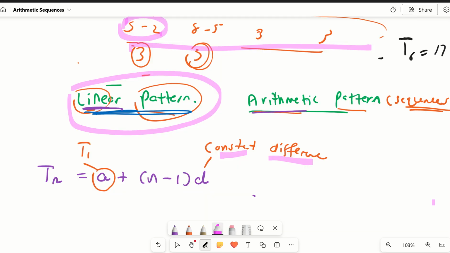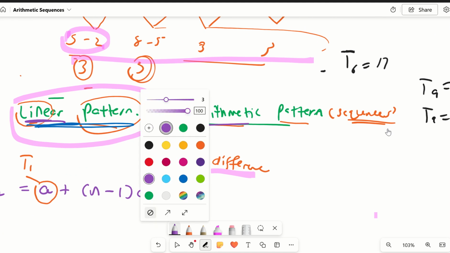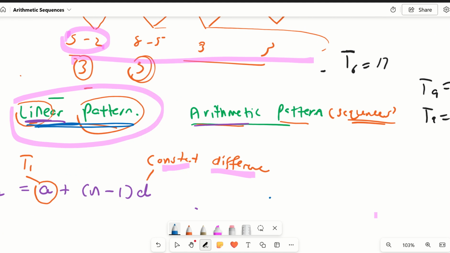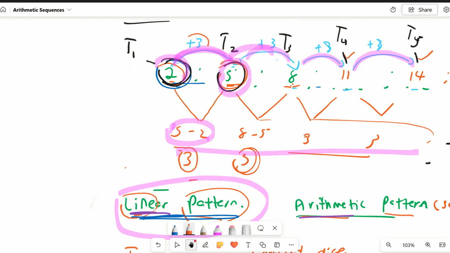Proper stuff. Now, let us go ahead and find member number 100. You remember I asked you guys to find T100? Let us use this shortcut. T100 equals, please note that I replaced the n with 100. Wherever there's an n in our formula, I put 100. So we just substitute into this formula. a is T1, the first term in whatever sequence you're dealing with.